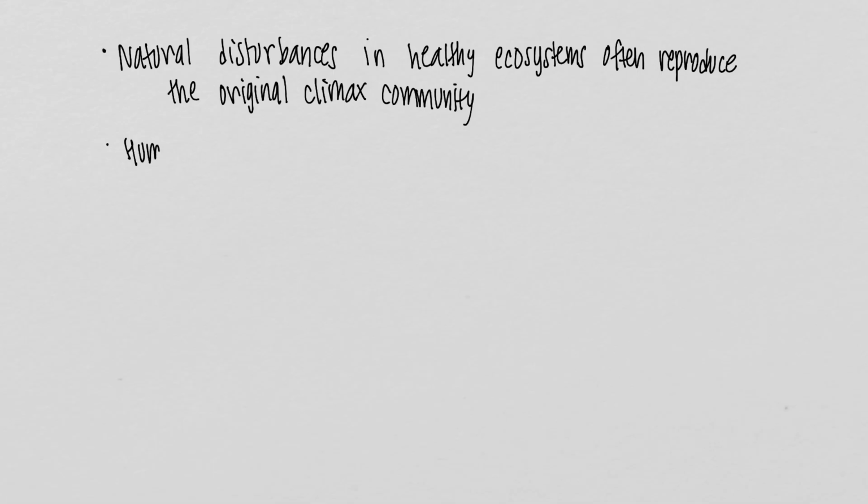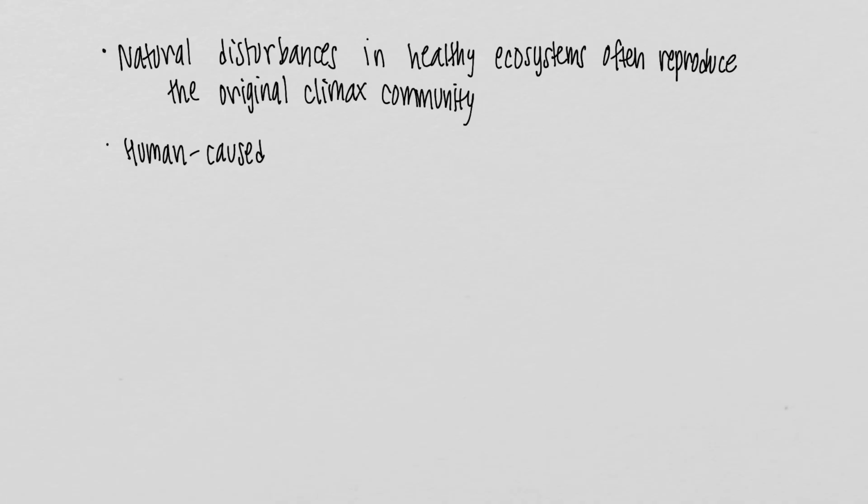However, if they're human-caused disturbances, so for example, real quick for natural disturbances, sometimes there's a fire or a flood that happens naturally every certain number of years. If it's happening by itself, that means it's kind of expected, so the ecosystem is able to get back to where it was.